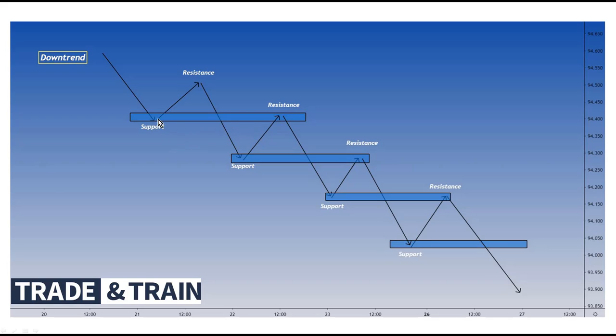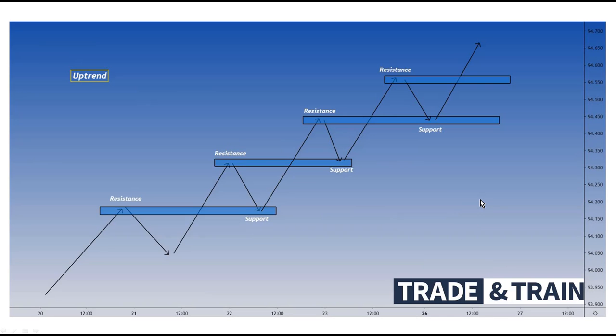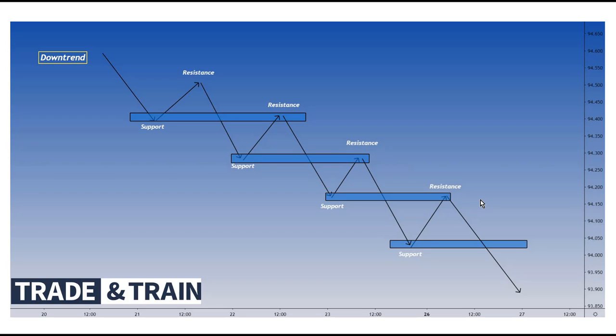So each time we're making lower lows and lower highs, and we've got this horizontal support and resistance going on as price makes those lower lows and lower highs, almost like, again, steps. Before it was steps moving to the upside in an uptrend, and steps to the downside in a downtrend.